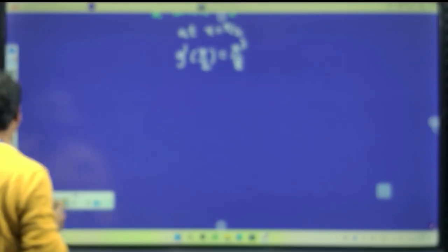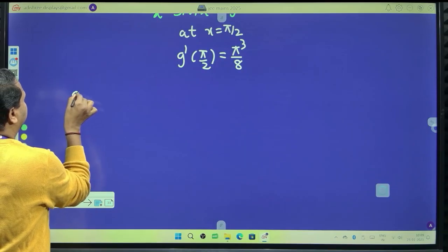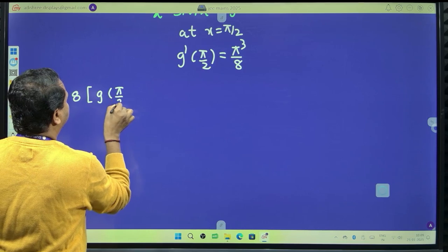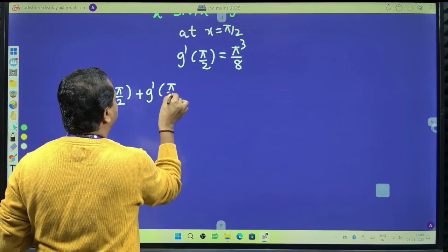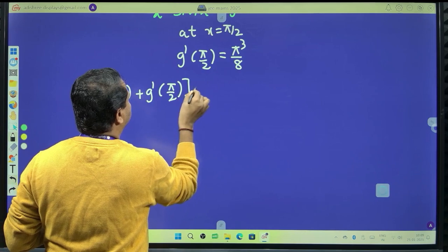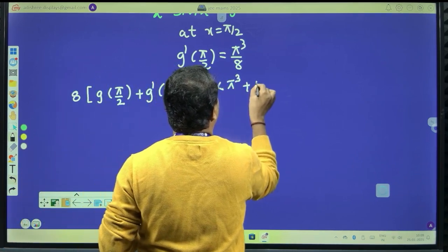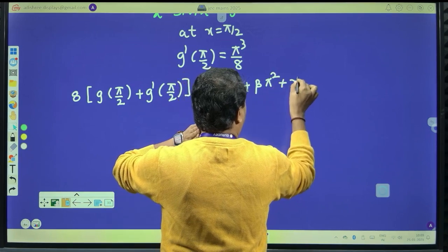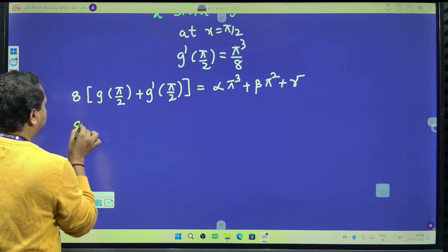Consider the problem. So, what was the problem? The problem was 8 times g of pi by 2 plus g dash of pi by 2 is equal to alpha into pi cube plus beta into pi square plus gamma, if I am not wrong. Okay. So, 8 as it is.